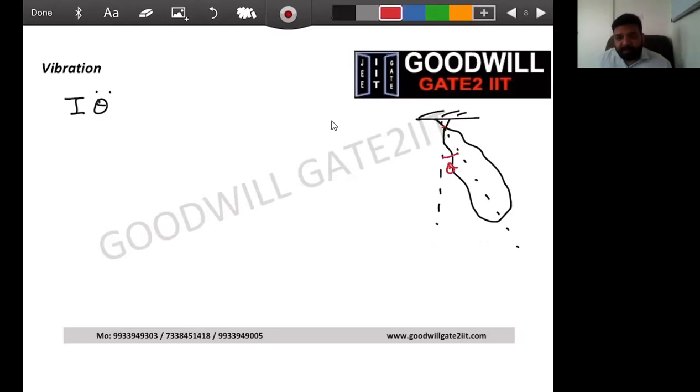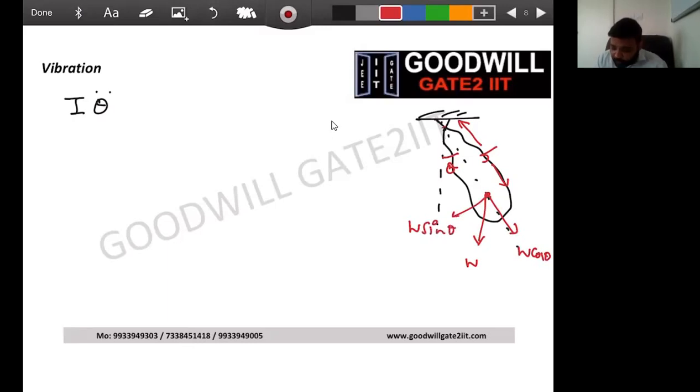Now, because it's a compound pendulum, you don't know where the CG is lying. So let's say CG is lying somewhere. I don't know where this point is. Let's say, to avoid confusion, it is at a distance of H from the hinge point. Now, again, weight will act downwards. This will be W cos theta and this will be W sin theta.